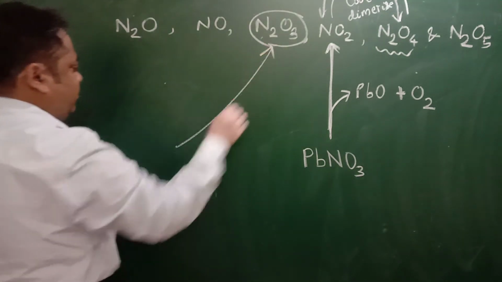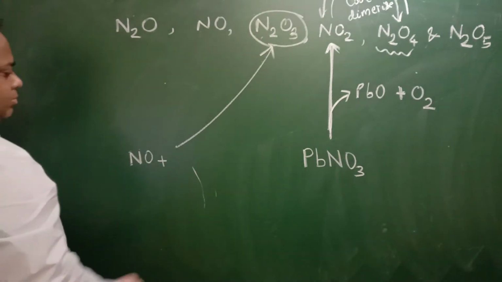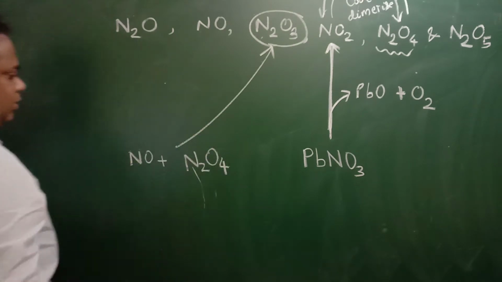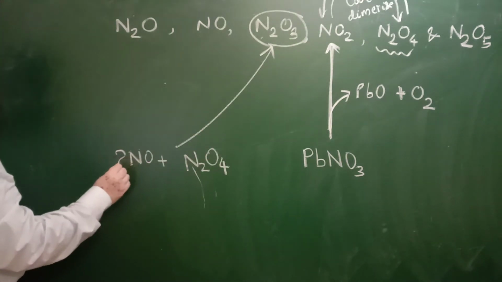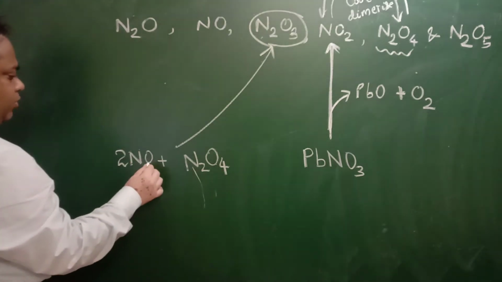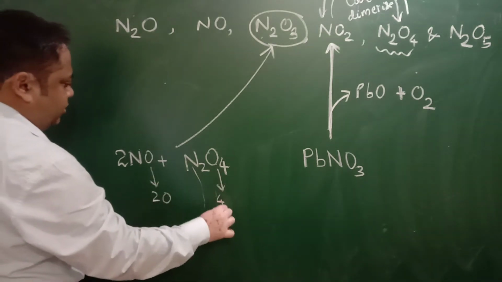Let us see. NO and N2O4. If we take 2 times of this, the number of oxygens will become 6. 2 oxygen and 4 oxygen.